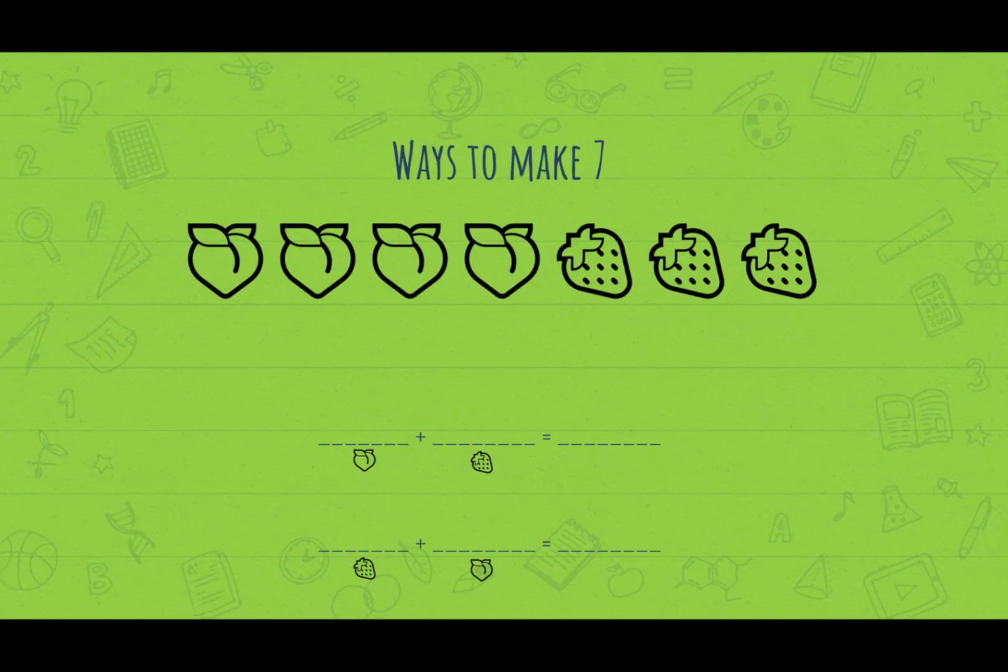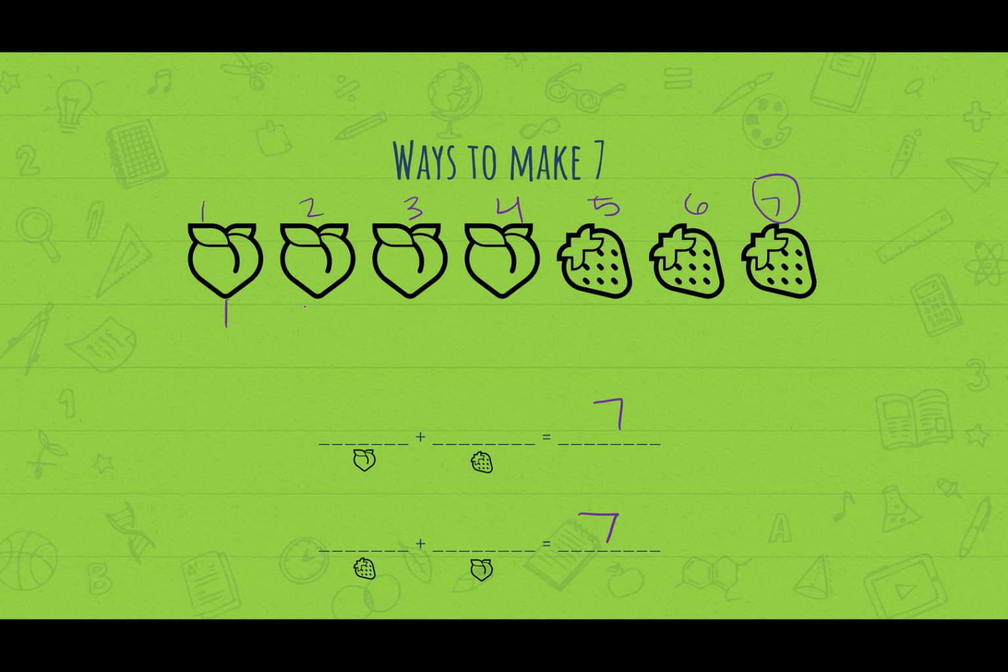Okay, let's go over one more way to make 7. So we have 7, 1, 2, 3, 4, 5, 6, 7 fruit all together. 7 peaches and strawberries. Eating peaches and strawberries, very yummy. All right, now let's count our number of peaches.